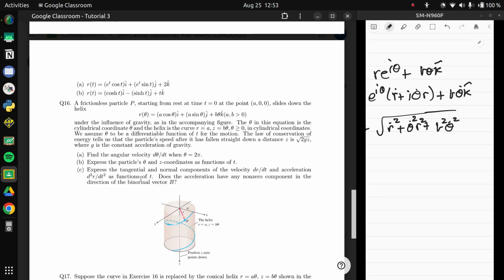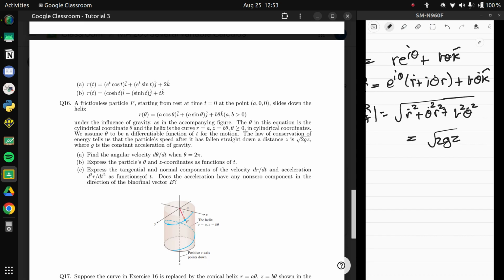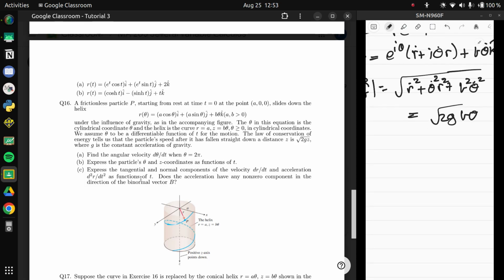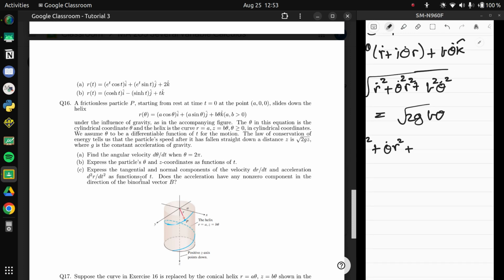Okay, so this thing is going to be equal to square root of 2gz, where z is the amount of height it has fallen down, which we know is just b theta. So what does that mean? It means r dot squared plus theta dot squared r squared plus b squared theta dot squared is equal to 2g b theta. What do you want to find out?